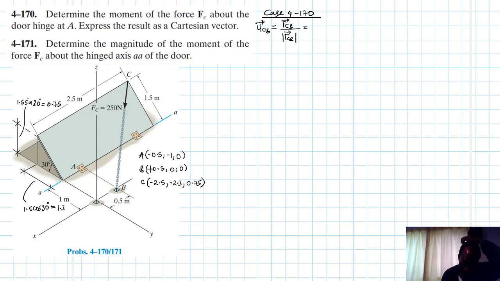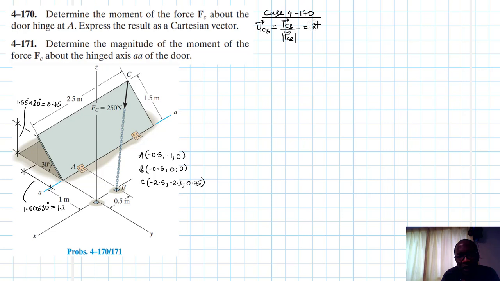So let's subtract. We have minus 0.5 minus minus 2.5, which just becomes a plus.